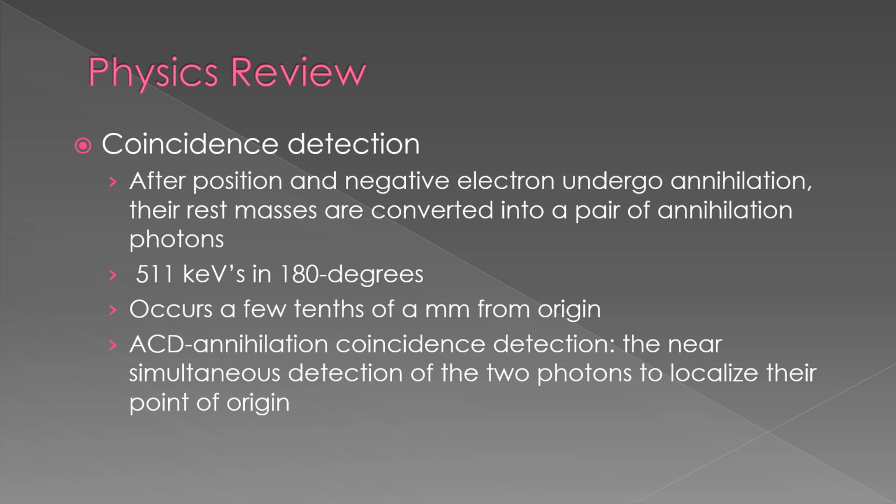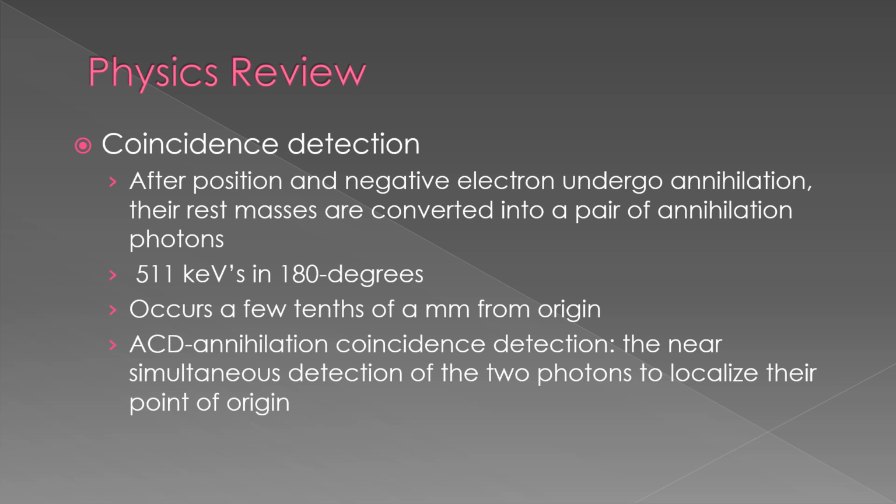Those photons will occur a few tenths of a millimeter from the origin. So this is one of the reasons that spatial resolution is really good in PET imaging, but it's never going to be perfect. That positron will travel a little bit from the original nucleus and that original atom before it collides with an electron. And so even though it only travels typically a few tenths of a millimeter from the origin, different positron radionuclides will travel different distances.